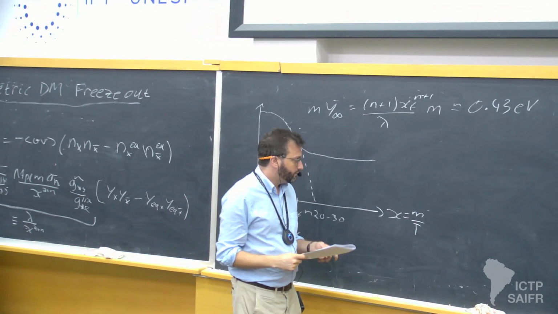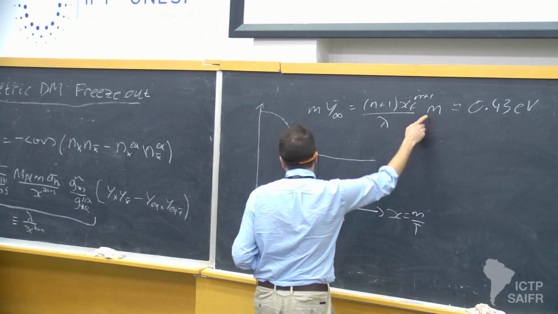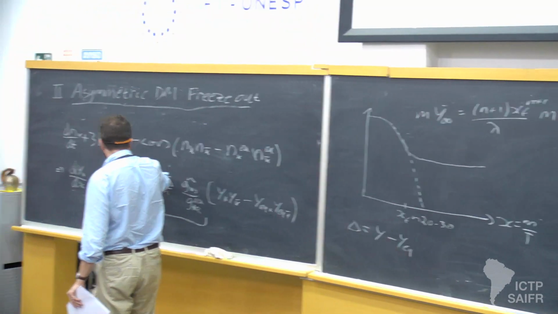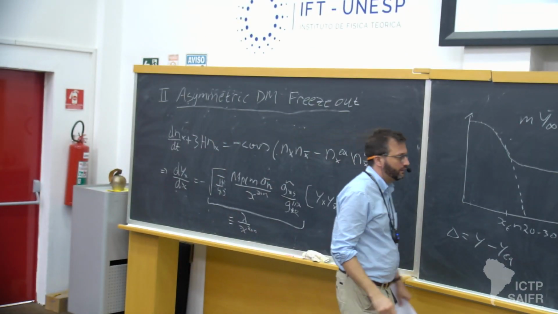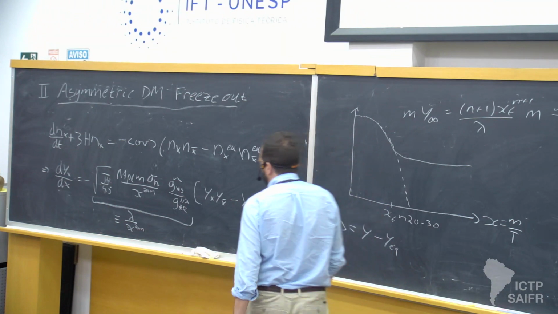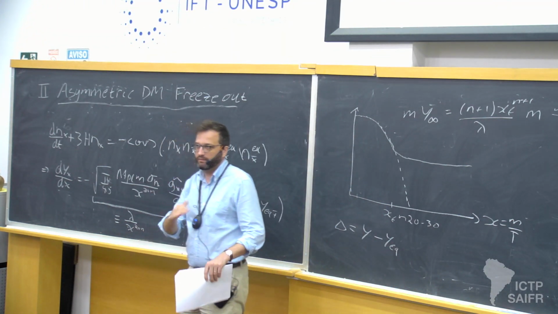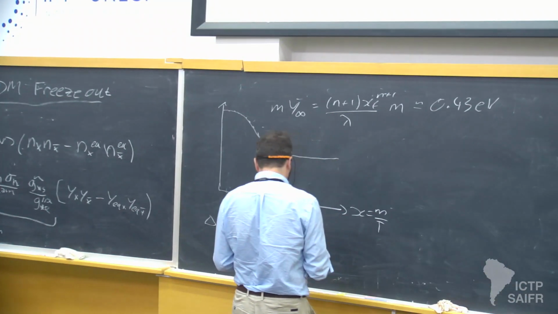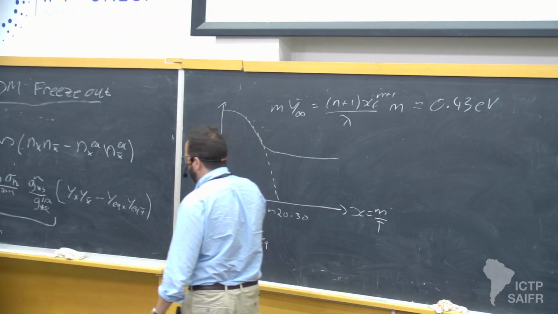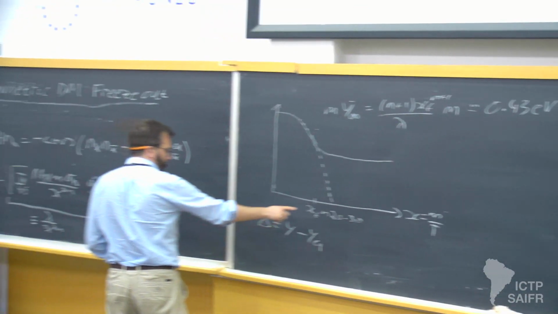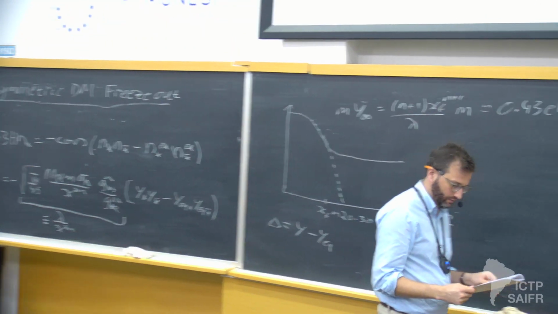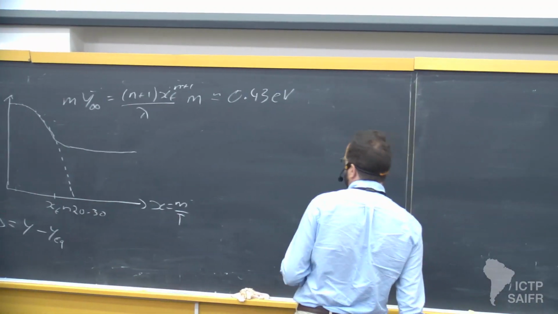And then because of this, the m here cancels off with the mass in the inverse lambda. And so the cross-section you need becomes roughly independent of the mass, because in our determination of x freeze-out, there's only a logarithmic dependence on the mass.